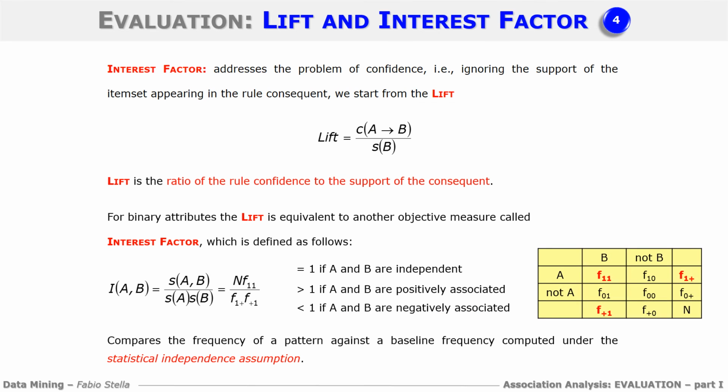In particular, the elements F11, F1+, and F+1 are those highlighted in this contingency table. It is worthwhile to mention that interest factor typically is not used in the particular area of text mining to evaluate association between pairs of words because it can be extremely misleading.